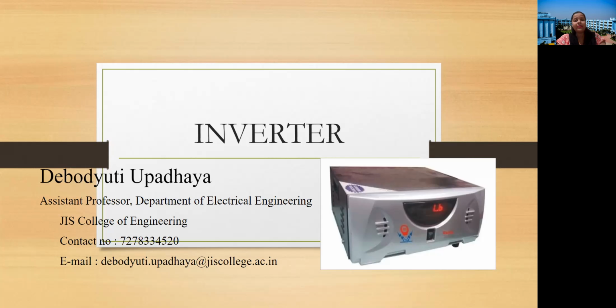The course outcome, the course objective that you are going to have here, is how a DC power supply can be converted to AC so that all our home appliances and all our industrial appliances can be run. So this is all about inverter.